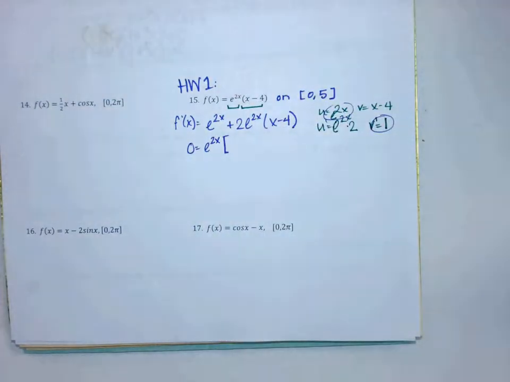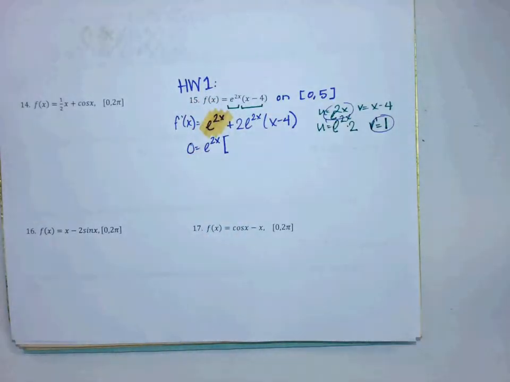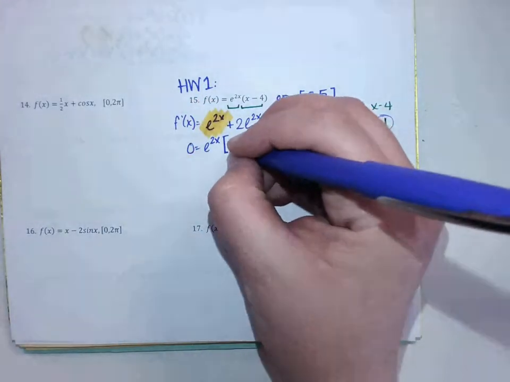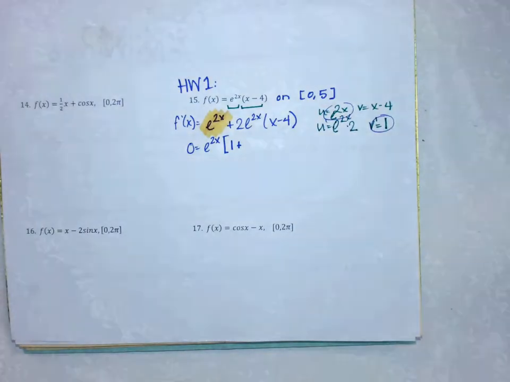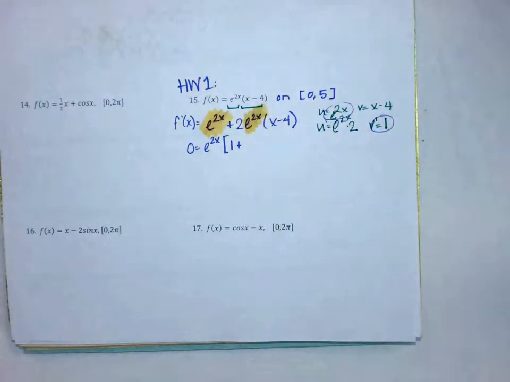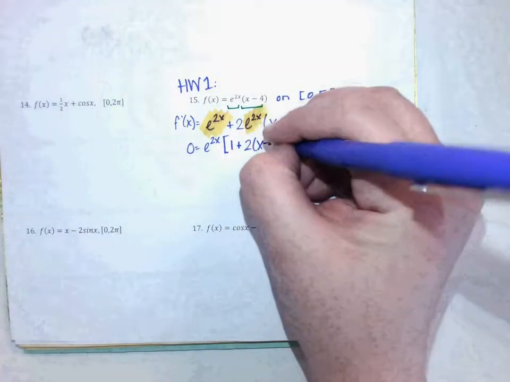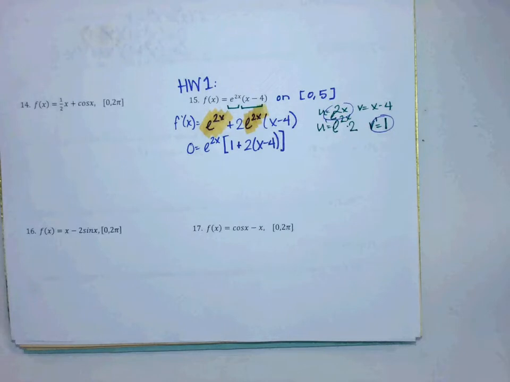What is left over, though, from this first term? Because if I pull that out, I can't just leave nothing there. A 1 plus. Then from the second term, I'm taking out the e to the 2x, but what is still left over? 2 and an x minus 4. Now, when I combine like terms in there, I'm going to distribute first, then combine.